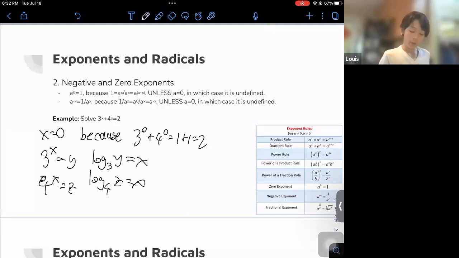For this, one of the ways is to use trial and error. Right here, we can try x equals 1. So log base 3 of y equals 1, because 3 to the power of 1 equals 3.